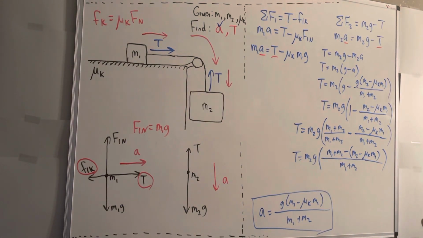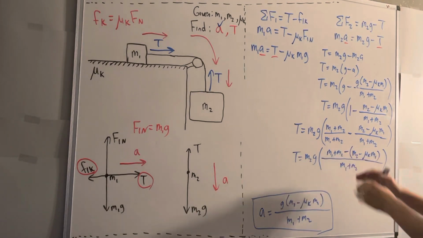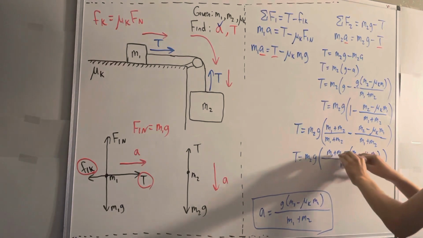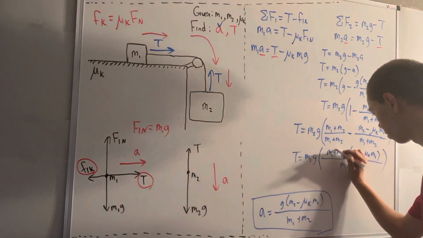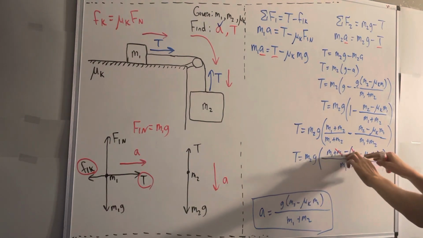All right, so notice what we have here. Notice how m2 is going to cancel out with m2, right? If we were to distribute the negative sign, then you can see how m2 and m2 would cancel out. And negative, negative, two negatives make a positive.